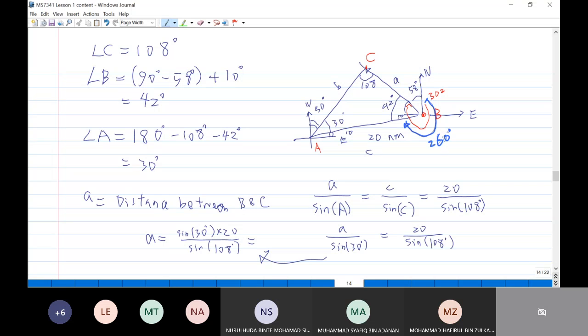So how much is this? Let's do a calculation. 20 times sine 30, and then divided by sine 108. Make sure it is divided by sine 108 here.